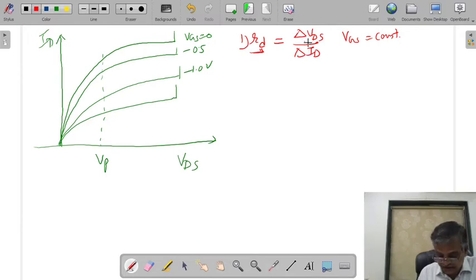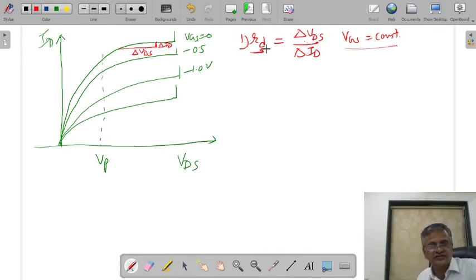It is the ratio of change in drain to source voltage to the corresponding change in drain current at a constant value of VGS, and it is called drain resistance. Look again.